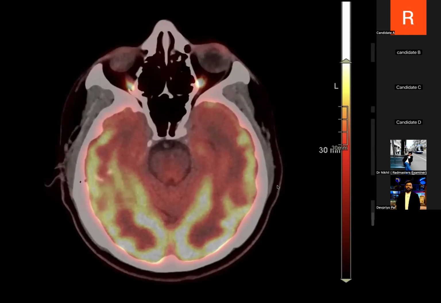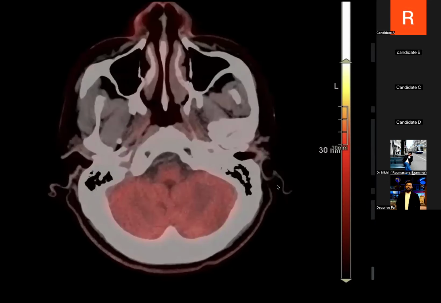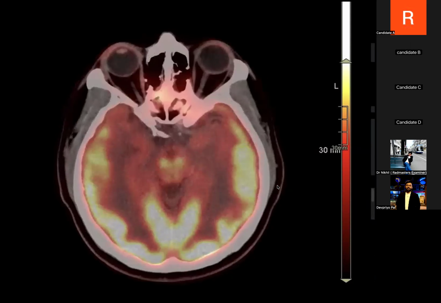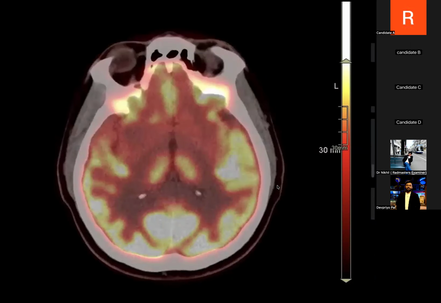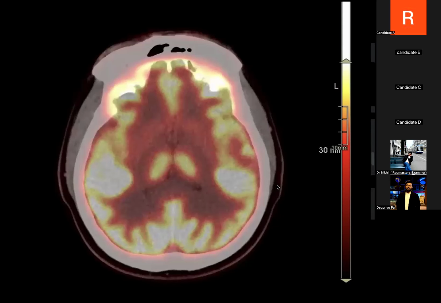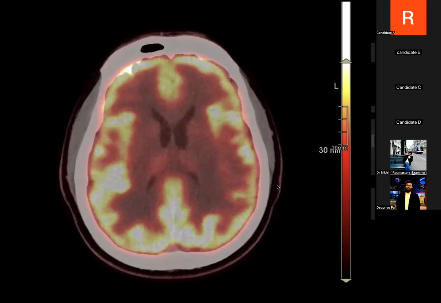Anywhere else? And involving the bilateral cerebellar hemispheres. Okay. I think apart from this, the basal ganglia is also spared. Thalami are involved.